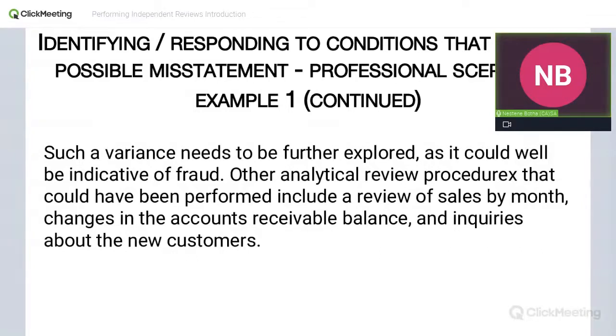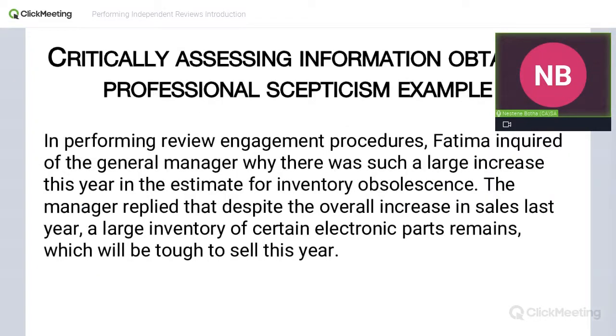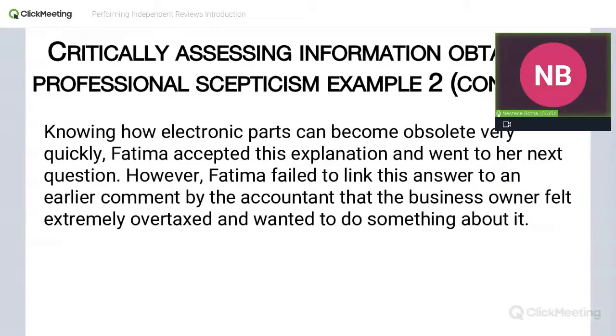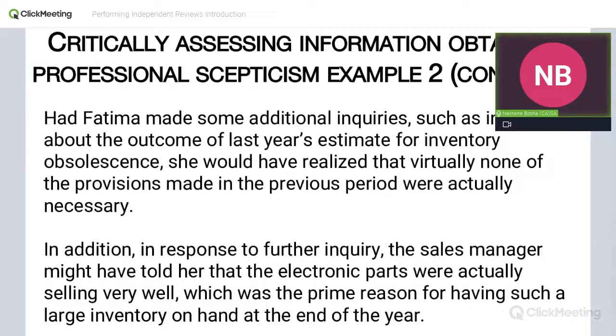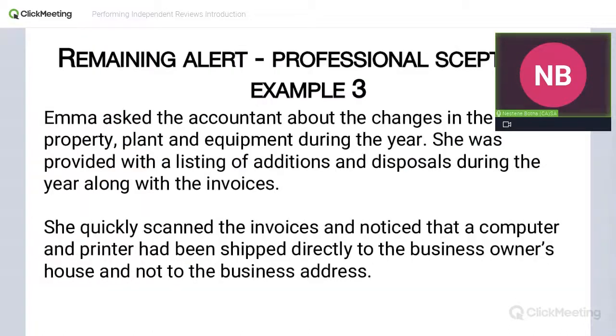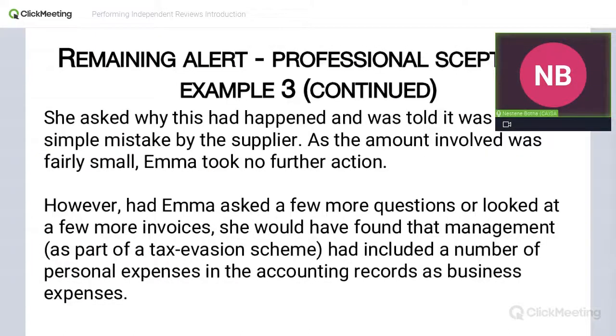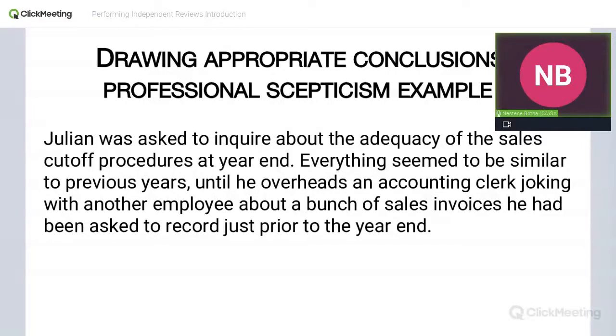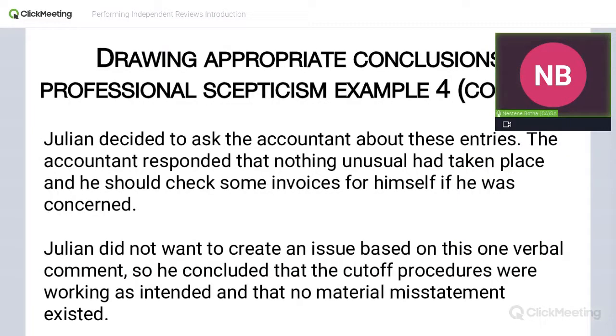If that is the case, then this piece of the presentation is really going to help you wrap your head around whether you need to perform the additional procedures or not. It all comes down to the professional skepticism that we need to apply when we are performing our independent reviews.